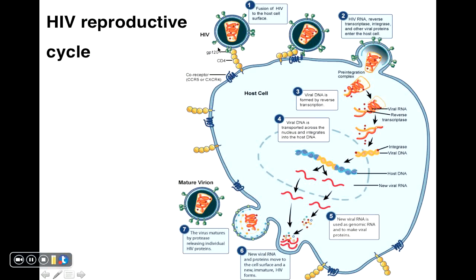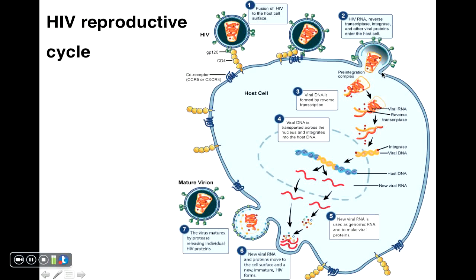Notice that the GP120 on the outer surface of HIV is recognizing and interacting with this structure in yellow. This is the so-called CD4 receptor. So this recognition between this receptor, CD4, on the outer surface of this white blood cell and the GP120 of HIV, that allows the HIV to recognize, bind with, and eventually fuse with this living host cell.